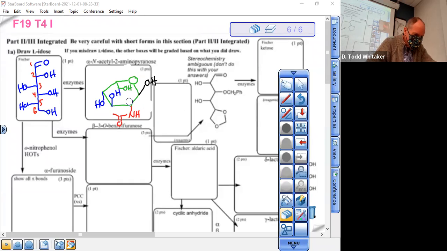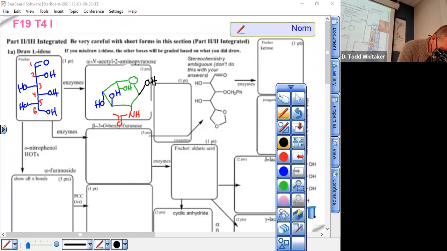So we got that. Now enzymes took the same thing and made this thing to a beta-3-O-benzylfuranose. Oh. And that's going to be using this O right here to make a furanose, is this one.